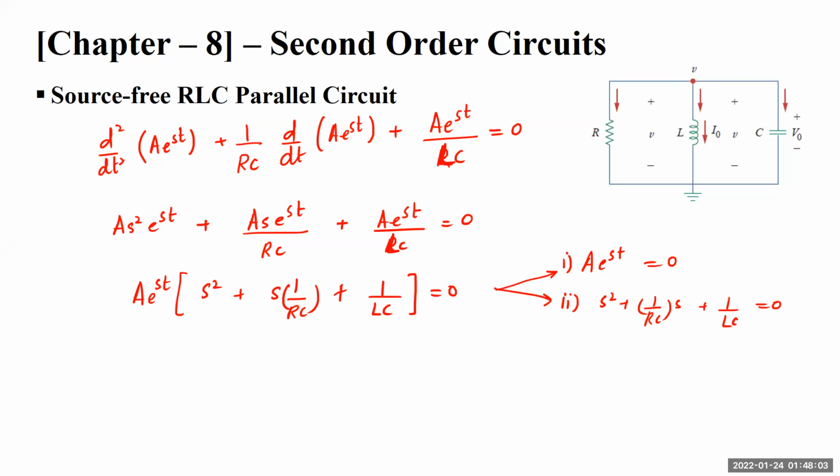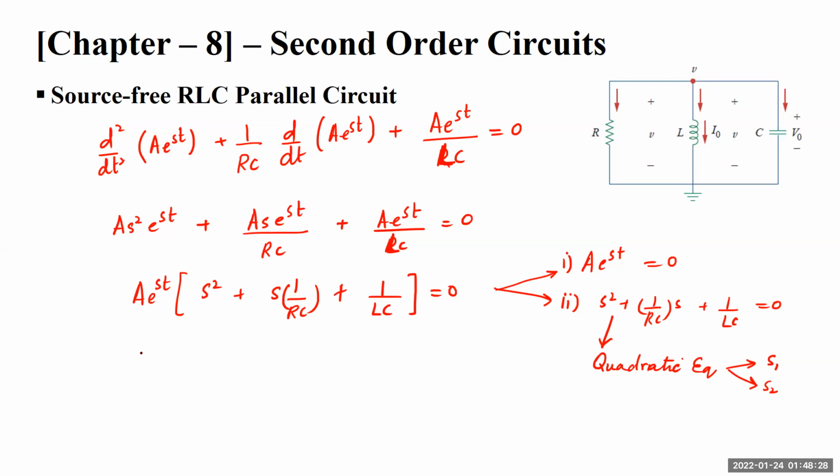We are more concerned about solving part 2, which is a quadratic equation. If we solve this equation, we get two values, s1 and s2, because any quadratic equation will have two solutions.